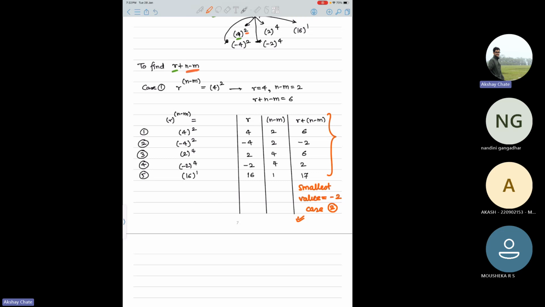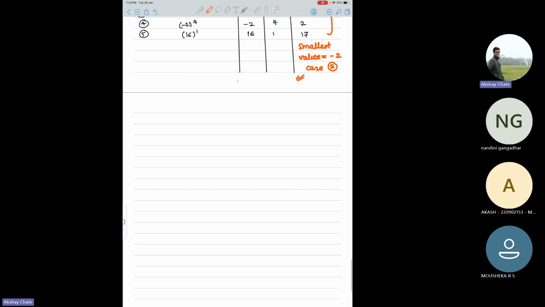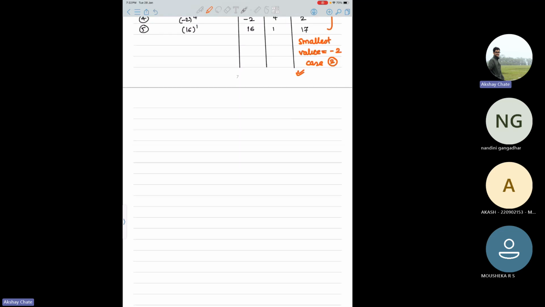Okay, so maybe we can take one more question on that growth and decay. One template problem I told you, which you can expect in your exams, is where you have a bacteria or some sort of virus which grows at a certain rate per day, and they will give you some initial number, and they will ask you after how many days it becomes 10 to the power 5 or 6.